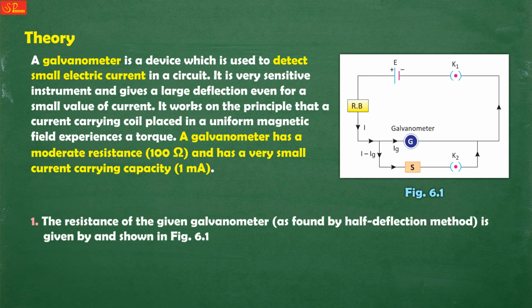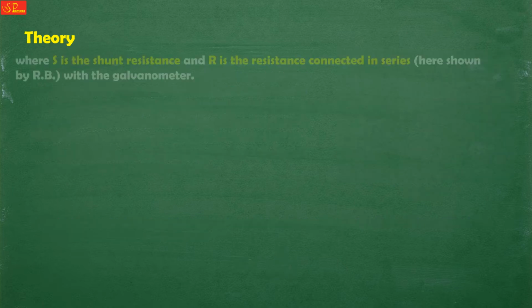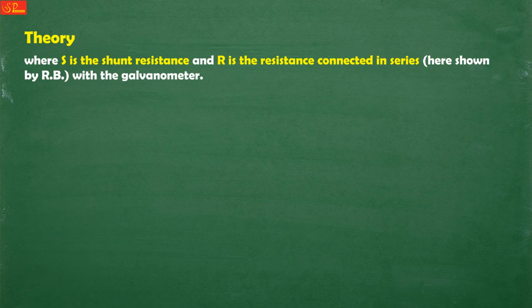The resistance of the given galvanometer as found by half deflection method is given by, and shown in figure 6.1, G equal to RS by R minus S, where S is the shunt resistance and R is the resistance connected in series, here shown by Rb, with the galvanometer.